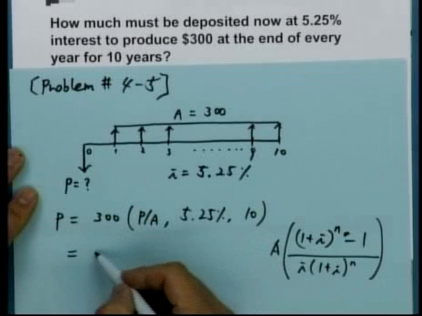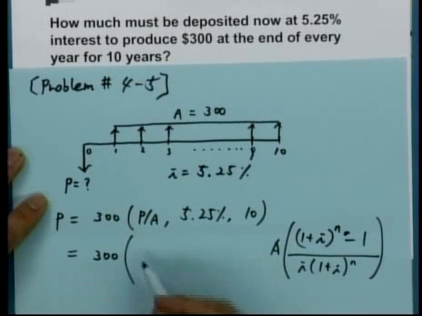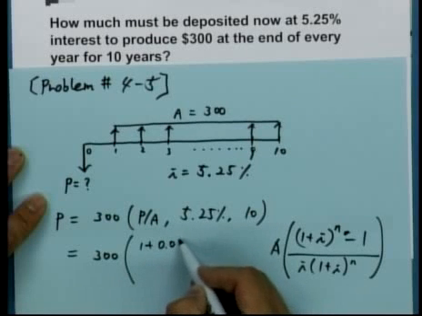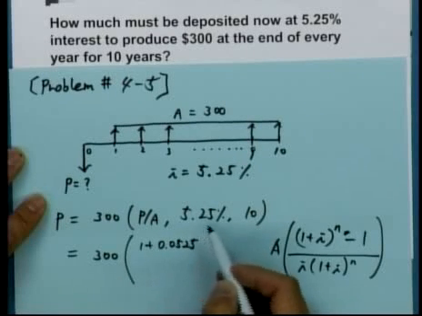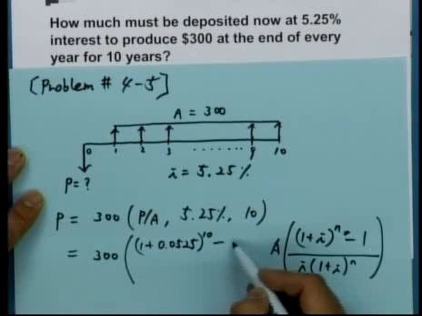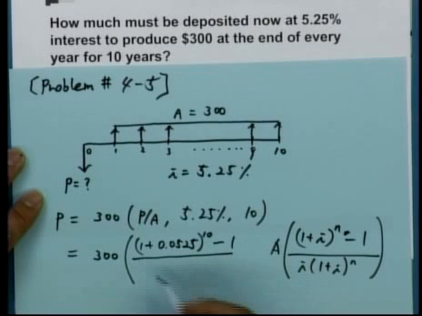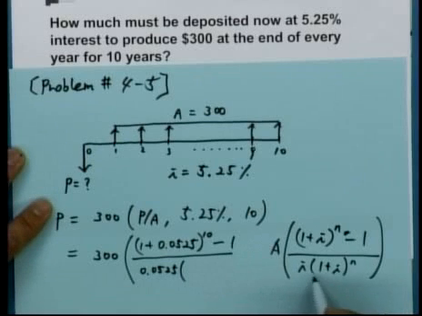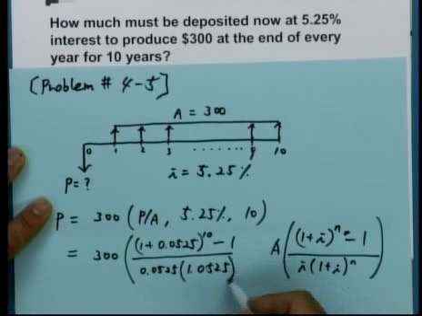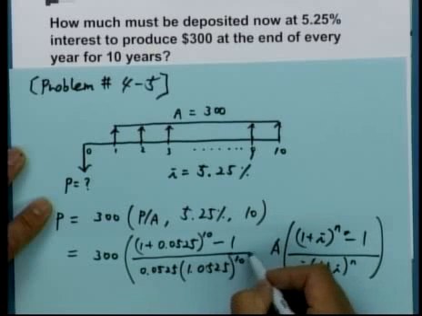So it's going to be 300 times (1 plus 0.0525 to the power 10 minus 1) over (0.0525 times 1.0525 to the power 10).